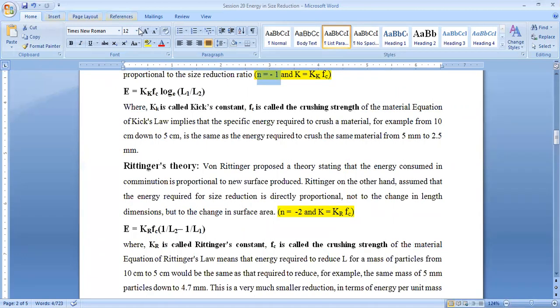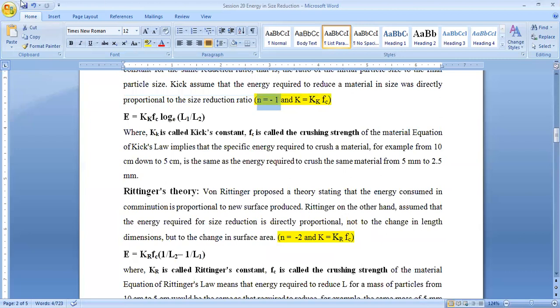Rittinger came and said no, it is not the length. The value of n is equal to -2, and K is equal to K_R f_c. According to Rittinger's theory, the energy consumed in size reduction is proportional to the new surface produced, whereas Kick said it is proportional to the new dimensions produced.